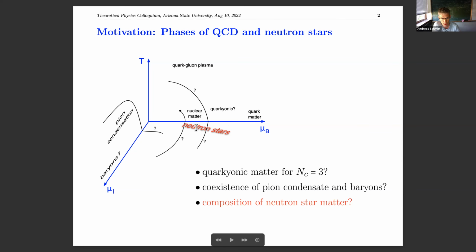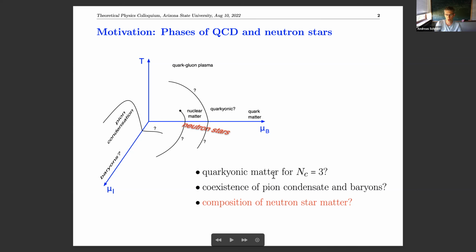We can already keep in mind that mu_I is somewhat smaller than mu_B. That's why I put this here. And of course, this raises the question, which phases are covered by neutron stars? So what's the composition of neutron star matter? This is the motivation, bringing together theoretical questions with the astrophysical questions of the project.